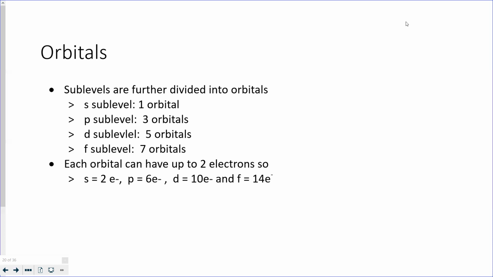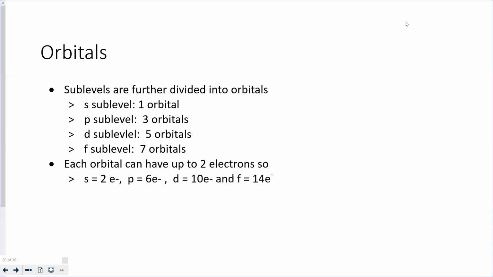So a P sublevel has three different orbitals, three different places that electrons can go. A D sublevel is going to have 5 different orbitals, so 5 different places that electrons can go around an atom. And then that F sublevel we don't use very much can have 7 orbitals, so 7 different locations for electrons to go around a nucleus.